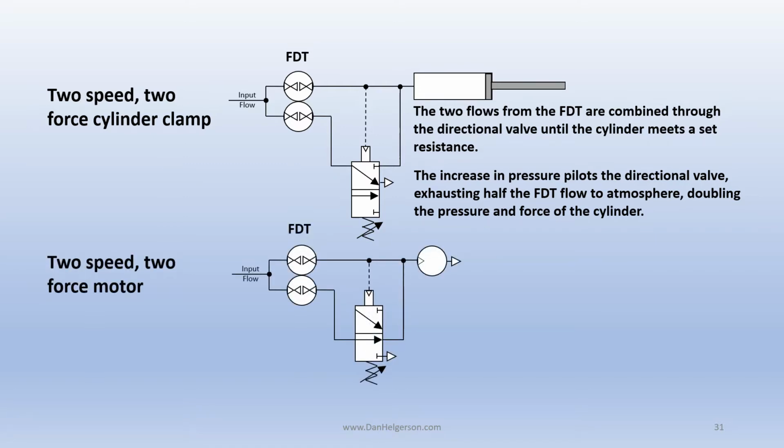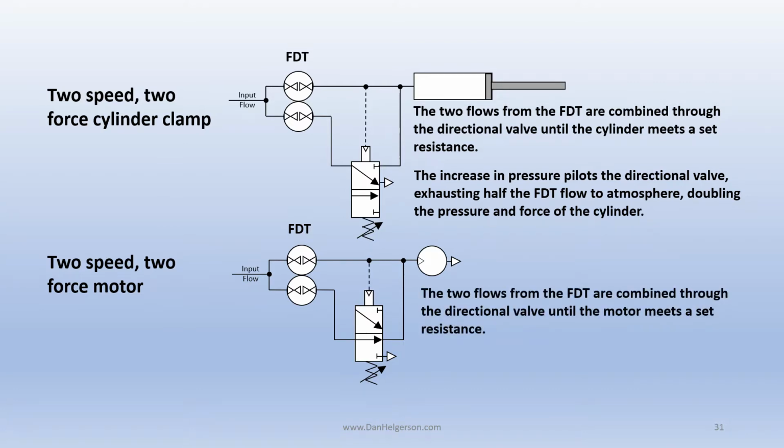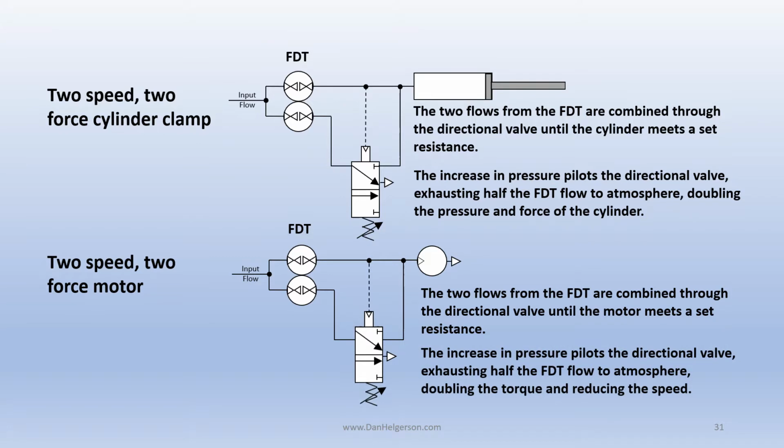A 2-speed, 2-force motor. Here we have a very similar circuit, except we've replaced the cylinder with a motor. The two flows from the FDT are combined as before through the directional valve until the motor meets a set resistance. The increase in pressure pilots the directional valve, exhausting half the FDT flow to atmosphere, doubling the torque and reducing the speed.